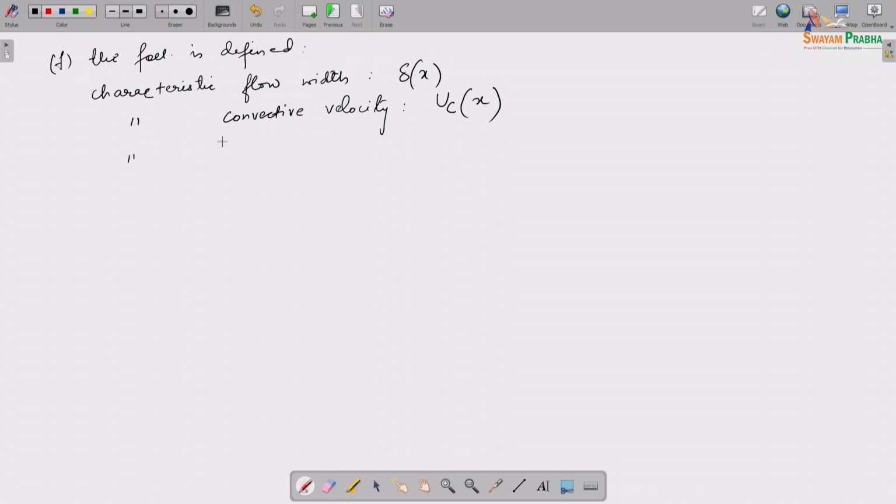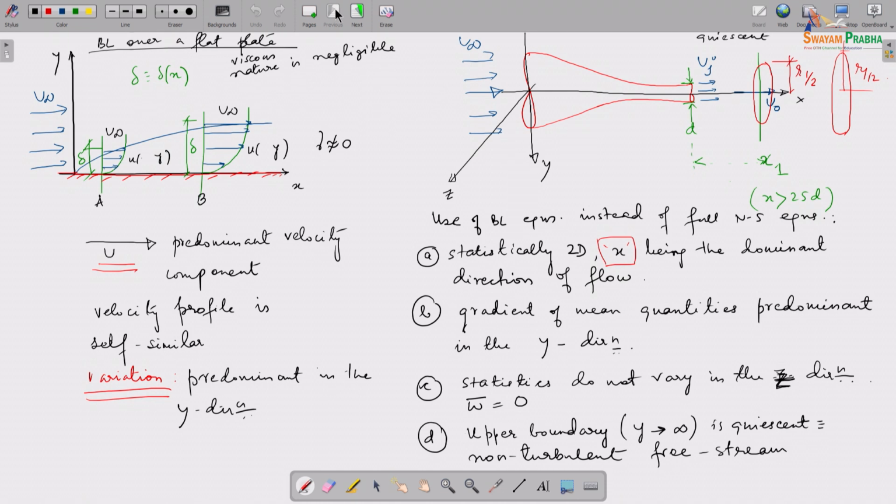So, this is the characteristic velocity difference, in the sense that this is the convective velocity, say u here.